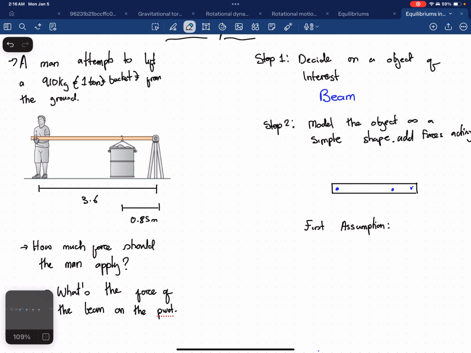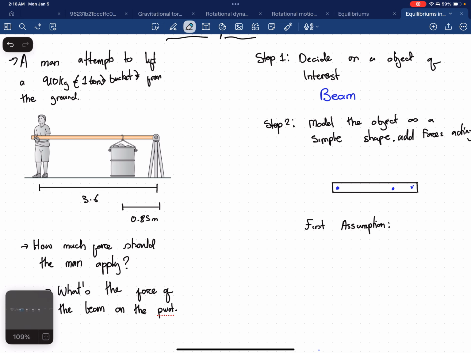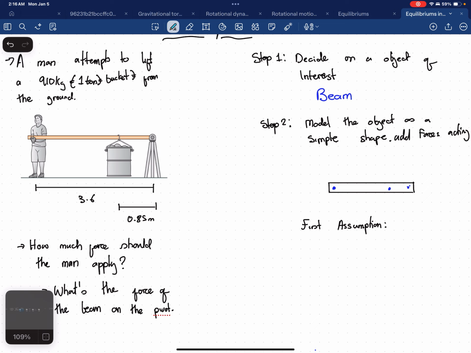So I modeled my beam as a rectangle, and if I add the forces, I'm going to have a force of the pivot right there, a weight force from the bucket, and the force of the man.